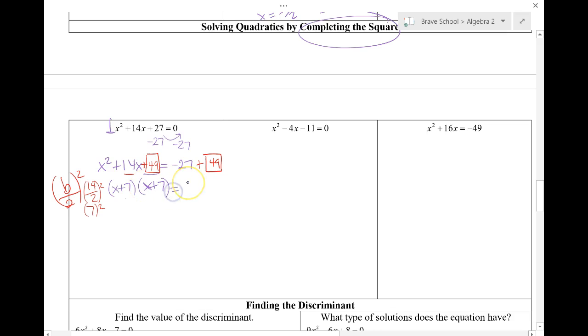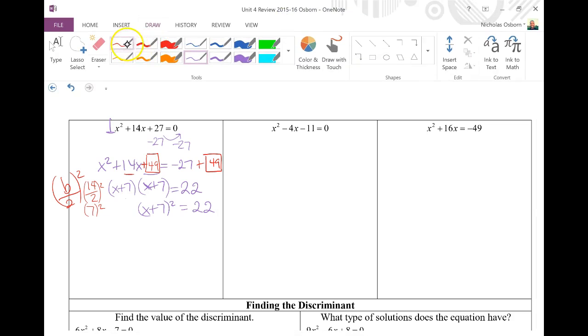And then you're going to add 27 plus 49 on the other side, which is 22. Combine both the x plus 7 and x plus 7 because they're the same, so we'll make it squared. Now you're going to use the square roots method that we just talked about a couple of sections ago, and you're going to square root both sides.